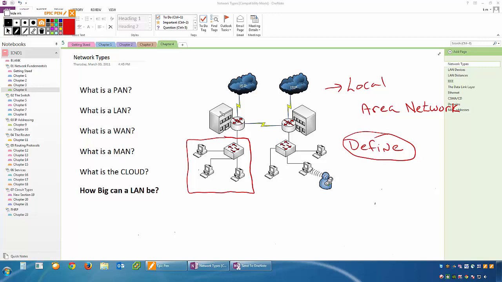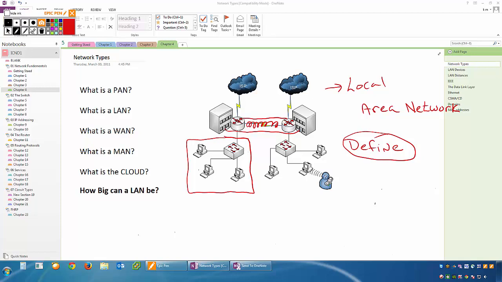Which means you see that you have this connection here with this router and this WAN connection going across, this serial connection. What if we didn't have this? What if this was just a router that was plugged in right across the street or right next door? You know, we would have to come out the building and walk across the street and go into this building. Some people consider this still local, both these buildings. They're local to us.